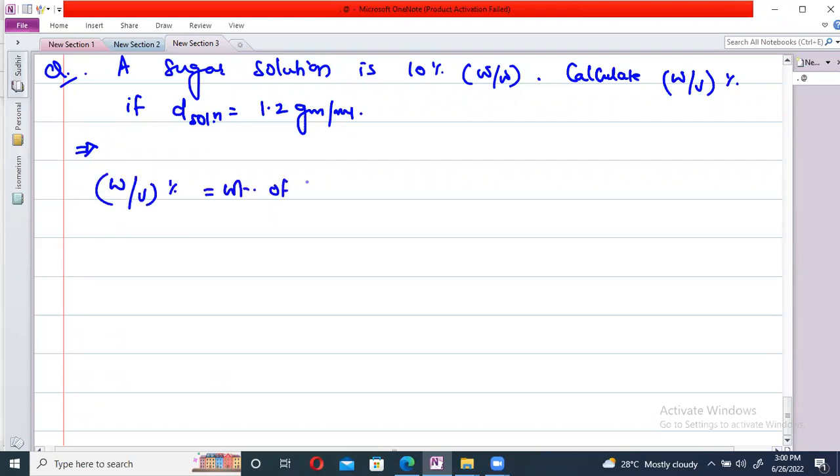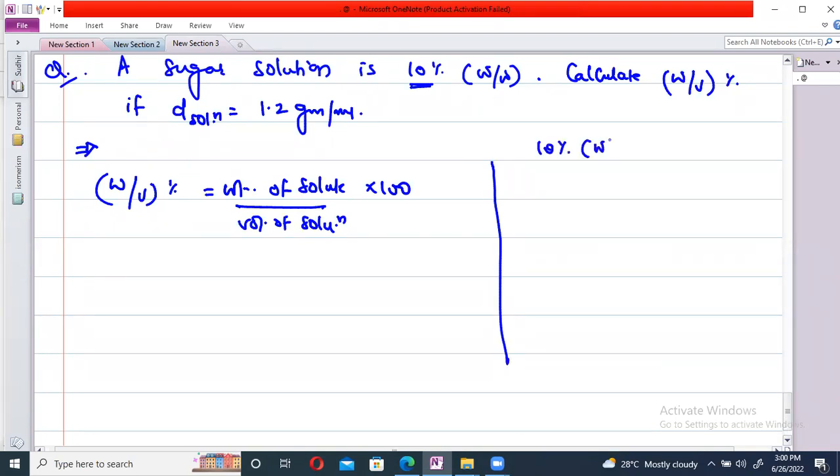It is equal to weight of solute by volume of solution, then into 100. So weight of solute is there, beta, 10. It's okay. But I want the volume of solution, right? So go with this case now.